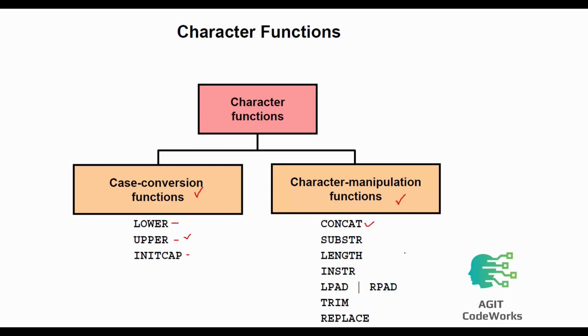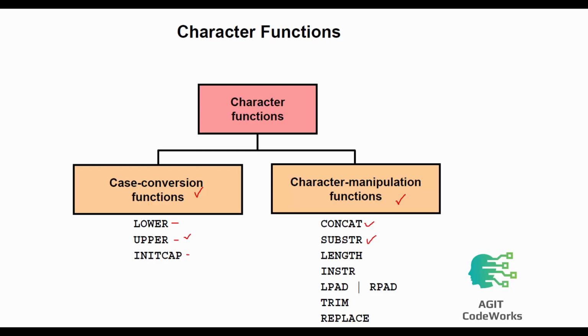This joins multiple columns of the type character. I can join first name and last name or first name and email and so on and so forth. Substring will return a particular subset of data within a particular string or within a particular row.